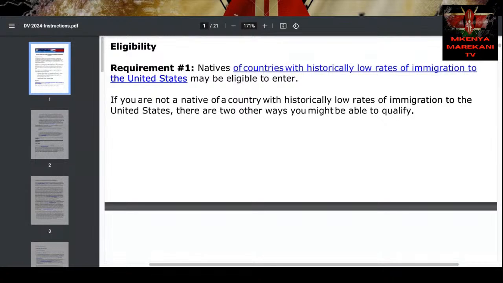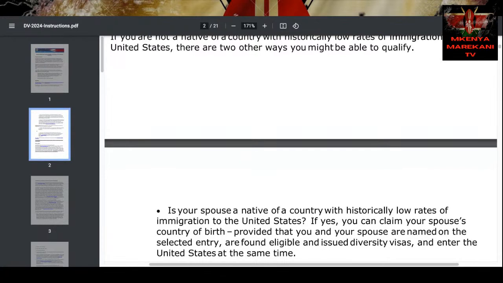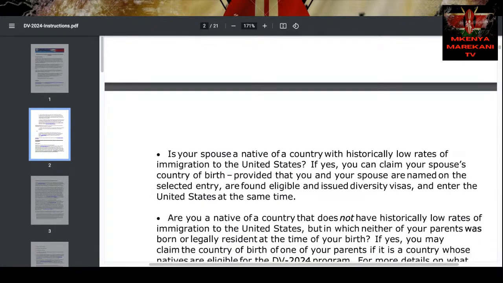Yeah, if you are not a native of a country with historical low rates of immigration to the United States, there are 2 other ways you might be qualified. This is what I also talked about: if your spouse is a native of a country with historical low rates of immigration to the United States, you can claim your spouse's country of birth.